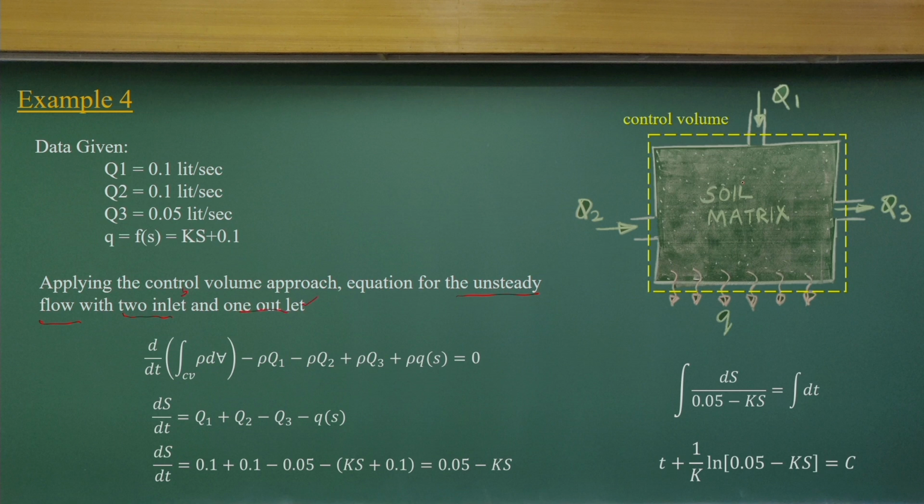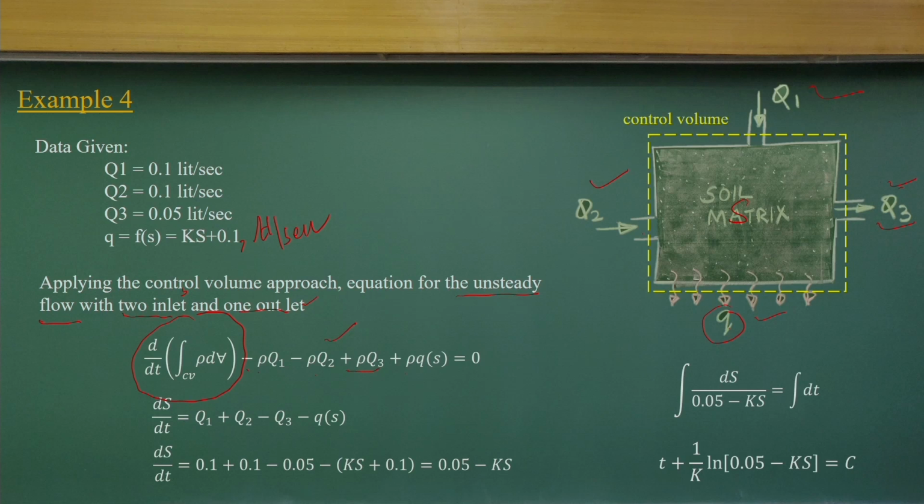Q1 and Q2 are inlets, Q3 is the outlet. Then there is the seepage part which is coming out, in terms of S. The small q is also outflow, a function of the storage S, with K and 0.1, with unit liters per second.